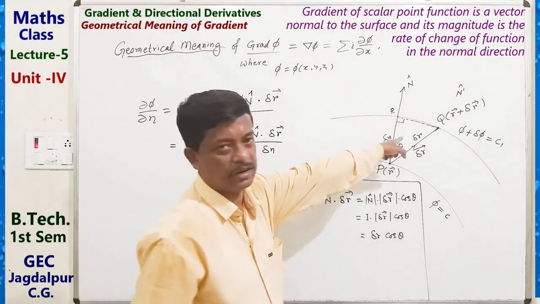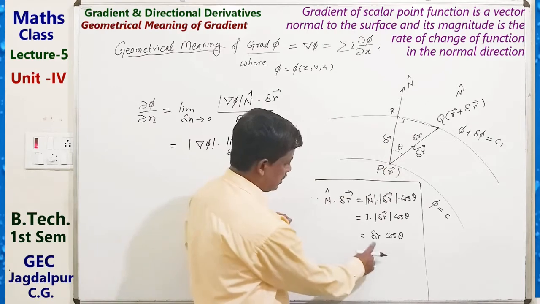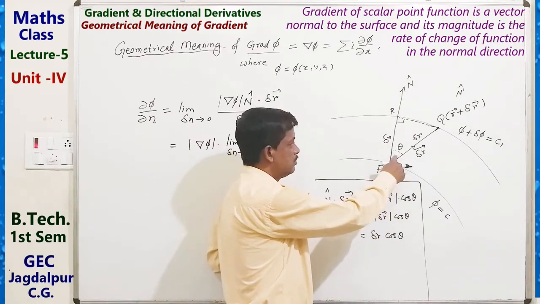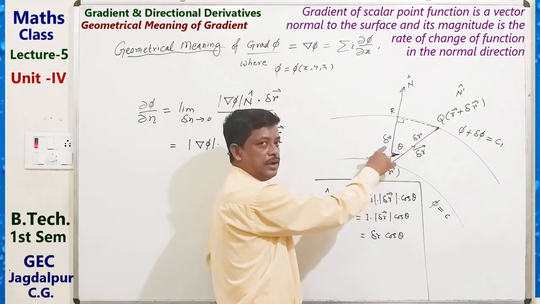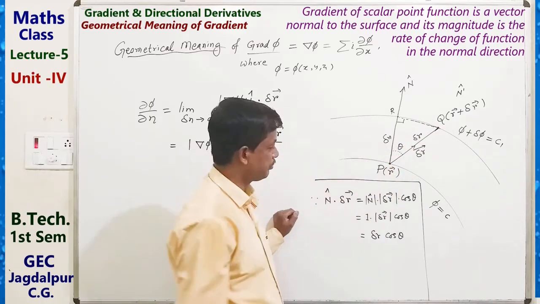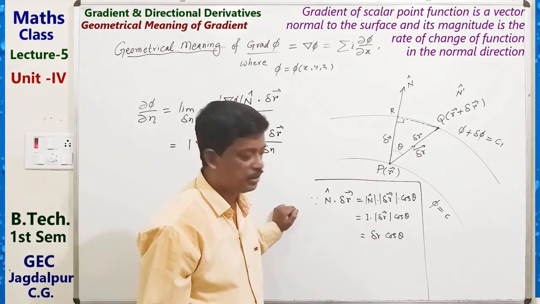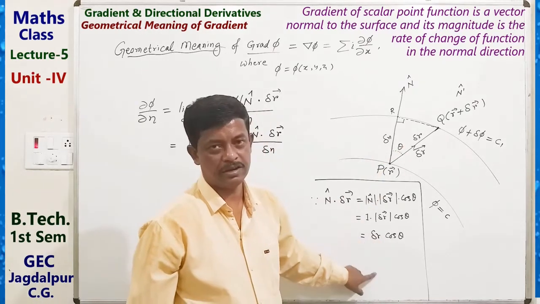Now in this diagram, delta r cos theta equals to base by hypotenuse. This is delta r, delta n, delta n by delta r. Cos theta equals to delta n by delta r.